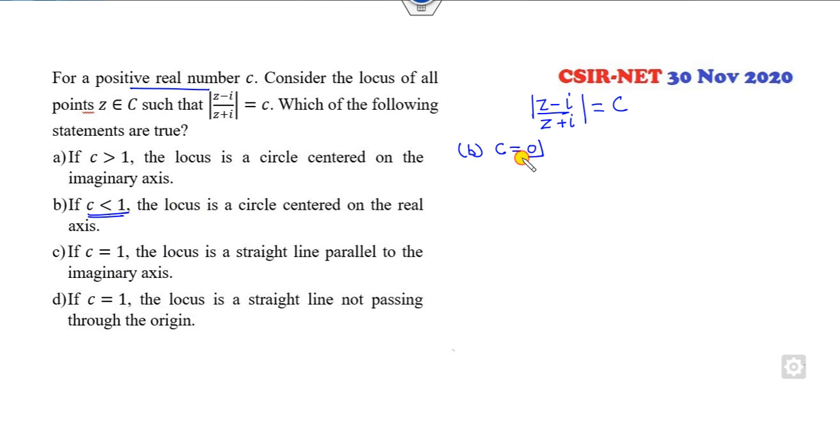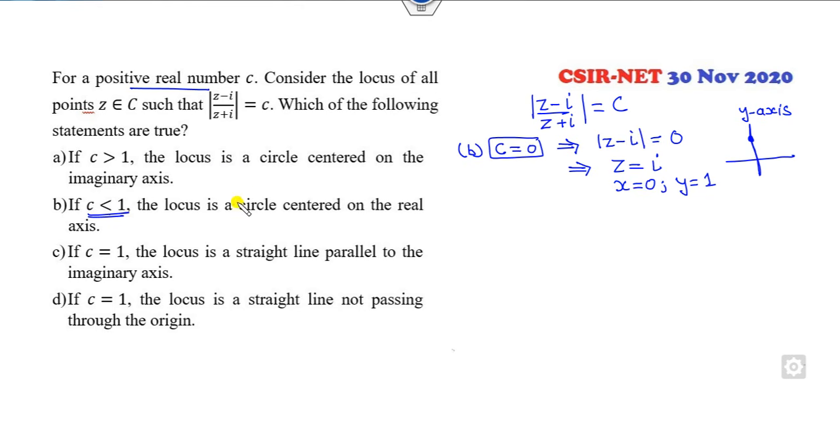I can choose C equal to 0. What does it mean? It means z minus iota must be 0. Fine. What does it mean? z is equal to iota. So if z is equal to iota, it means x is 0, y is equal to 1. So graphically it lies here, that is on the y axis.